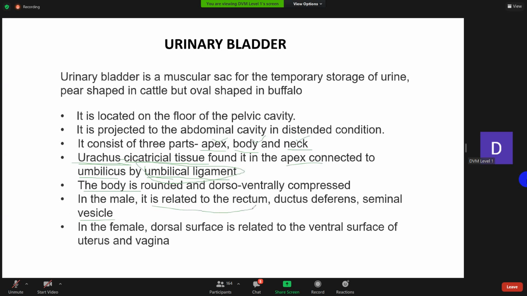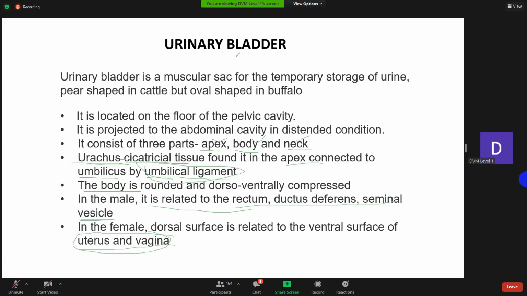In the female, the dorsal surface is related to the ventral surface of the uterus and vagina. What are the organs? Urinary bladder is related with the uterus and vagina in female. But in case of male, you know the structures. So that is the brief information about the urinary bladder.